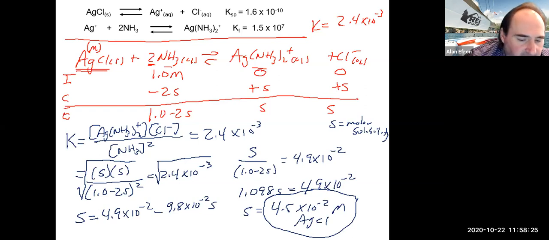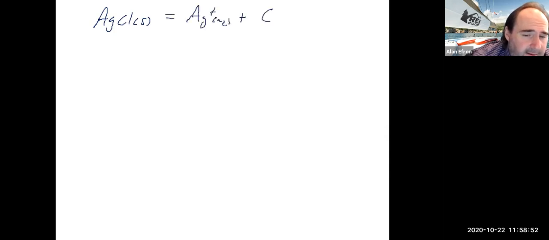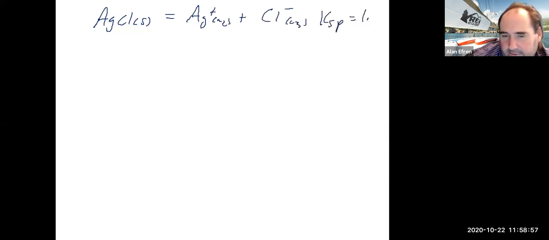Just for reference sake, just so you have an idea as to whether that number is good or bad, or whether it is more soluble in, say, ammonia than water, for comparison's sake, if we looked at silver chloride in water, like I think we did before. The Ksp of silver chloride in water is 1.6 times 10 to the minus 10.